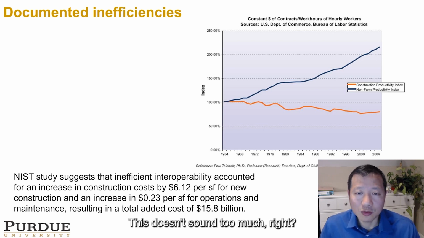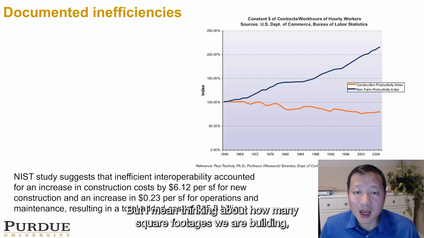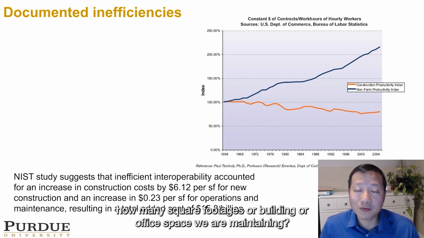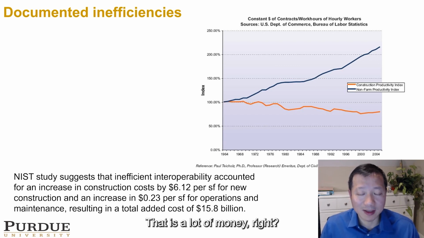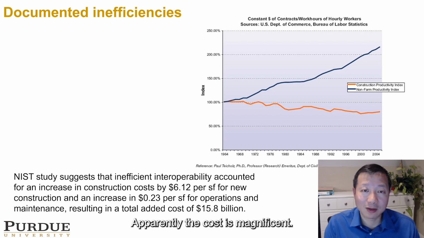This doesn't sound like too much, right? But thinking about how many square feet we are building, and how much office space we are maintaining, these two together amount to a total added cost of $15.8 billion. That is a lot of money, right? Apparently the cost is magnificent.